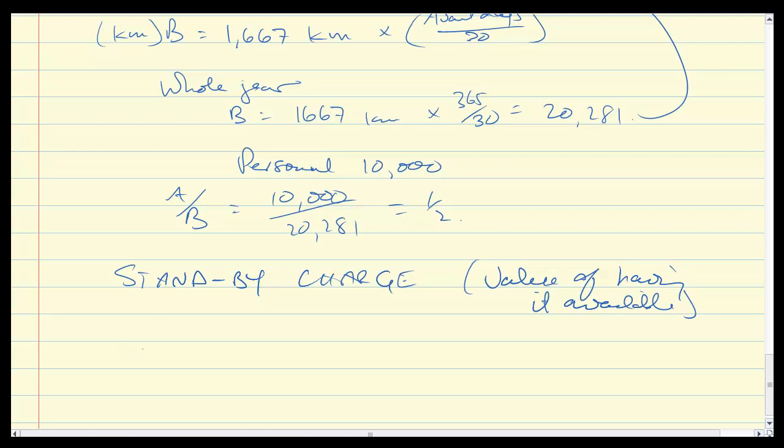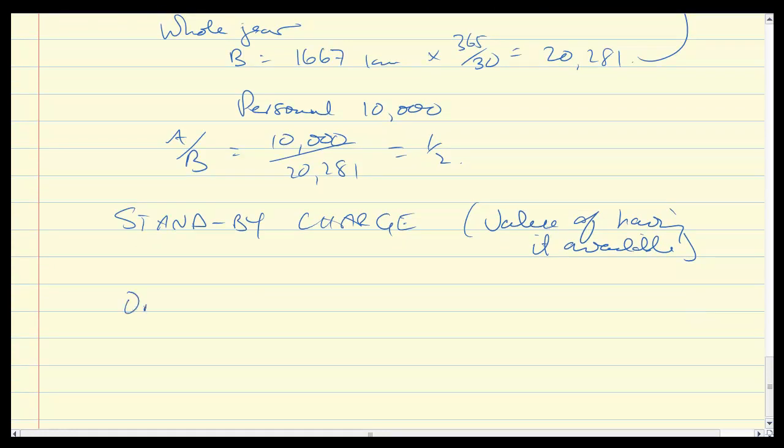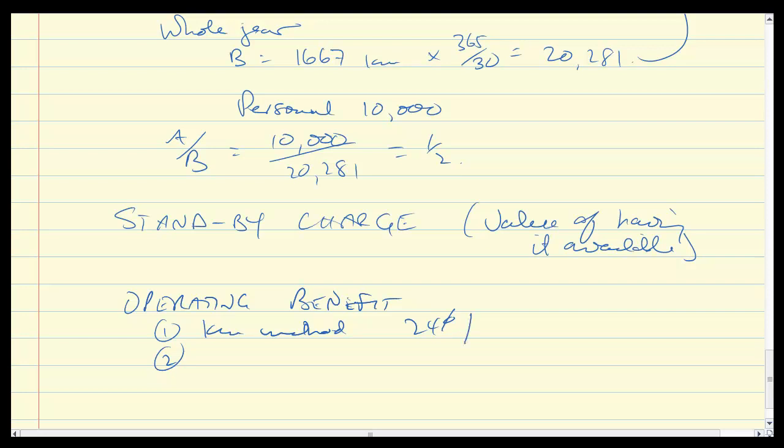The other part of it is obviously operating it, using it. So the operating benefit is much more straightforward, and it's essentially you have two options. There's the kilometers method, which says 24 cents for every kilometer that's personal.